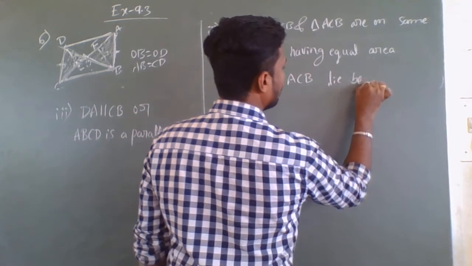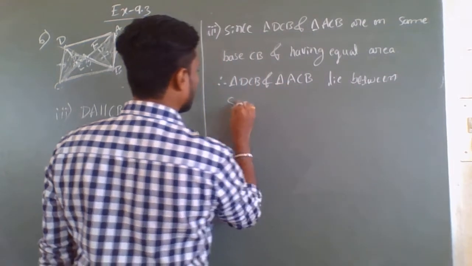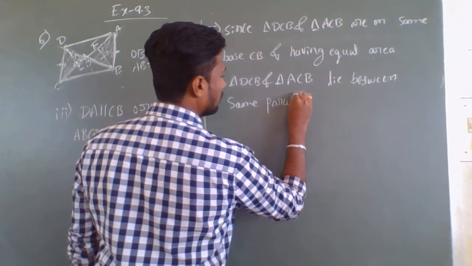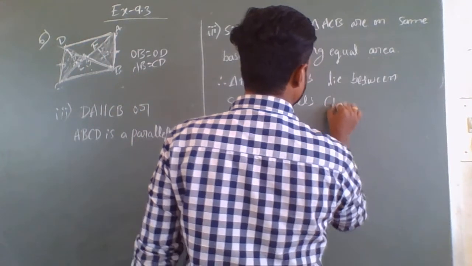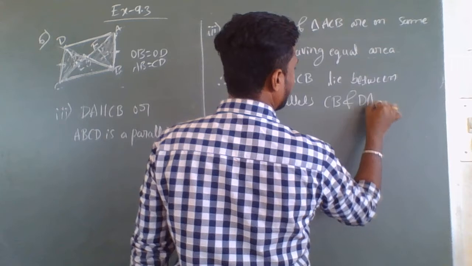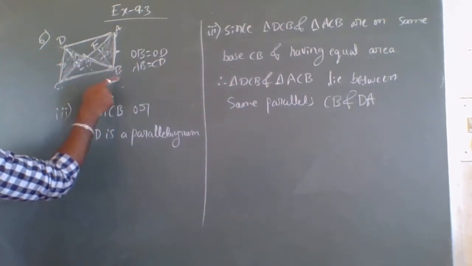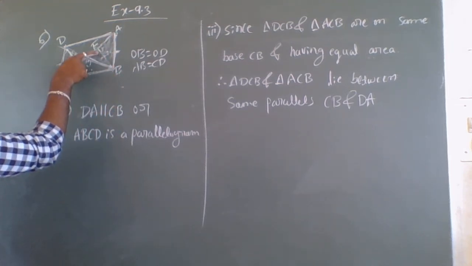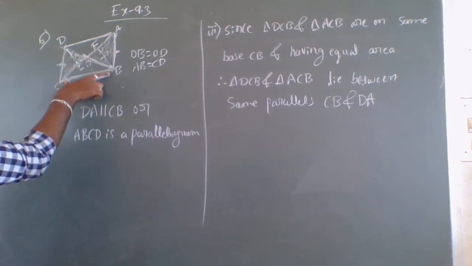lie between the same parallels CB and DA. Here, these two triangles DCB and ACB are equal in area. We proved this in the second question of the sixth problem, and these two are on the same base CB.